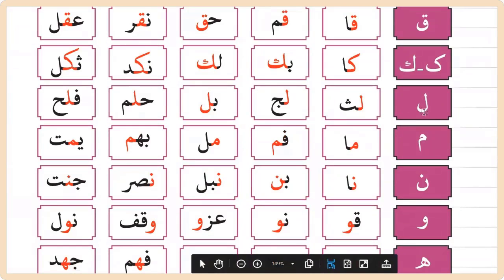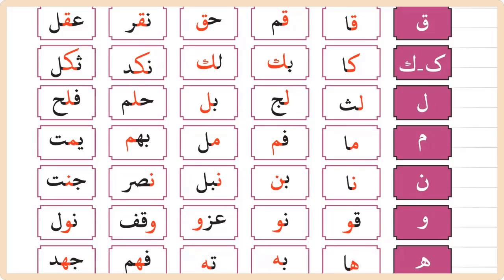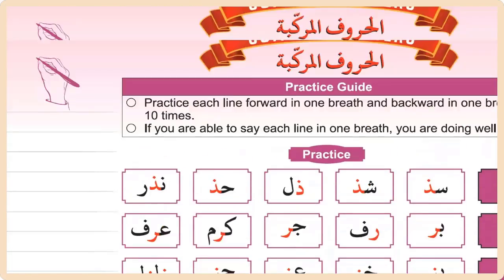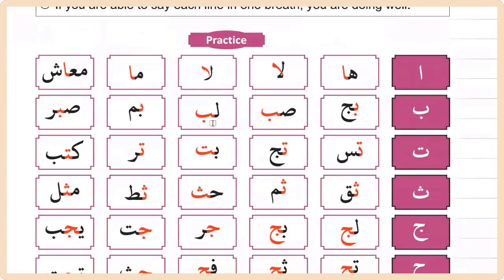This is lam. So this is the shape of lam. And what would be the next one? Ba. Same boat, the dot at the bottom.